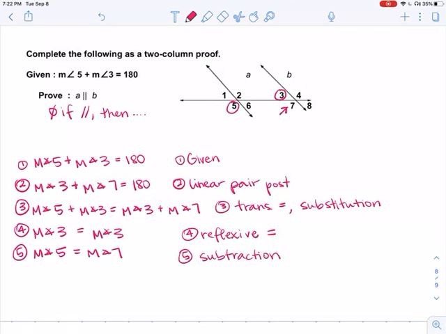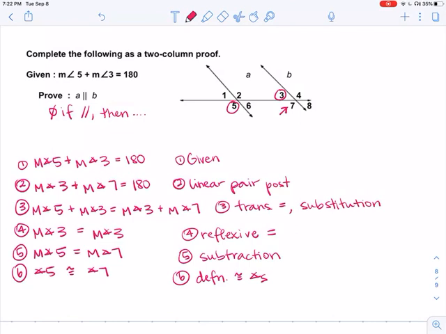And I know that 5 and 7 are corresponding, but our theorems run in congruence. So I'm going to list that next. Angle 5 is congruent to angle 7. And that will be our definition of congruent angles.